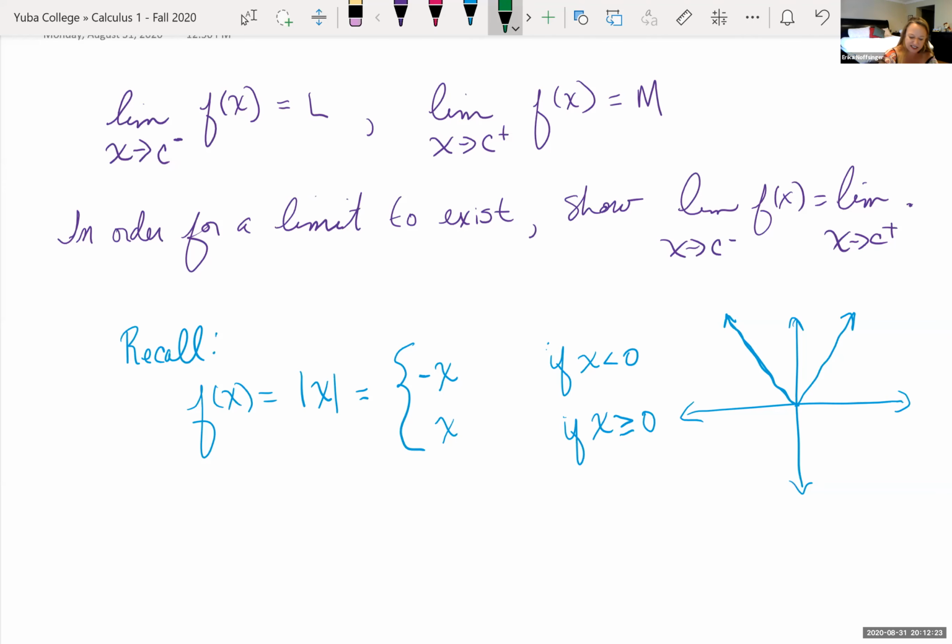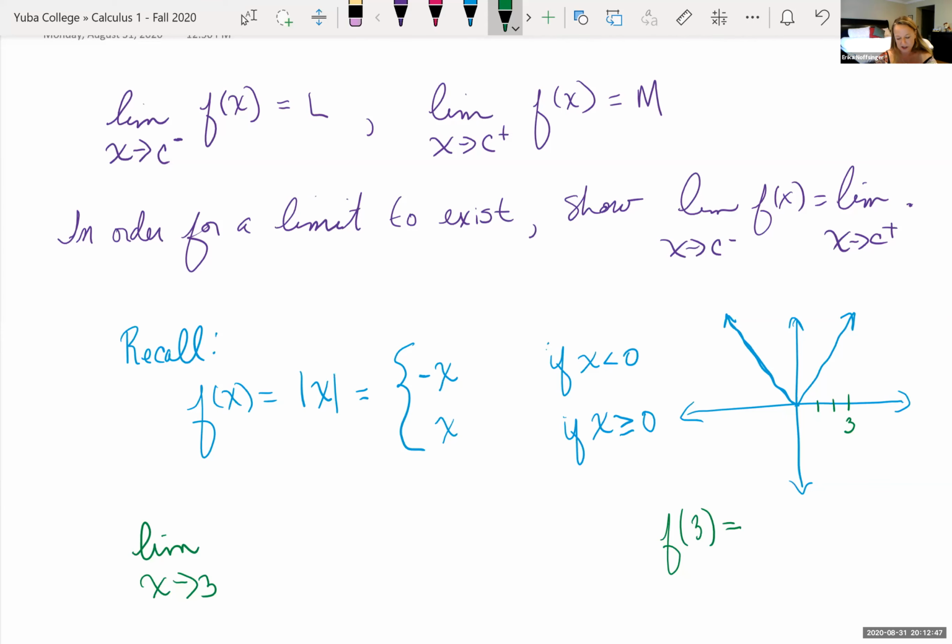So for instance, if I wanted to look at the limit as x is approaching 3, let's look at what f of 3 is. Is 3 less than 0? Is 3 greater than or equal to 0?